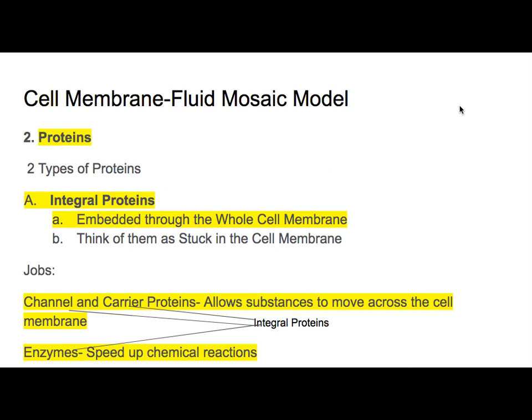So this is what I was talking about. You've got two types of proteins. Okay, I got to get a move on. You've got the integral proteins, which are embedded in the whole membrane. It's like they're stuck in there. So they're embedded in the whole membrane. They're stuck.